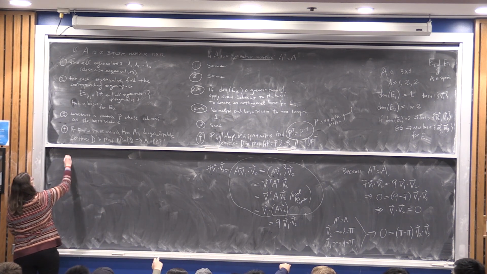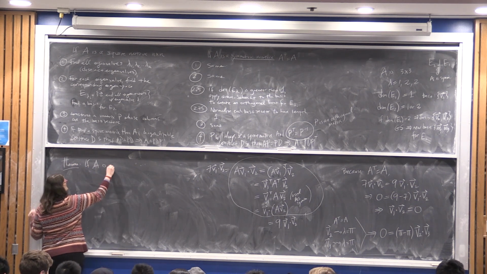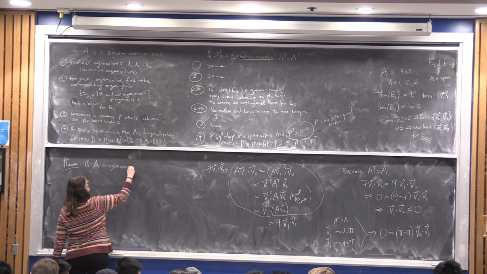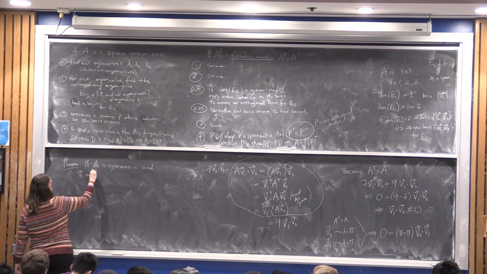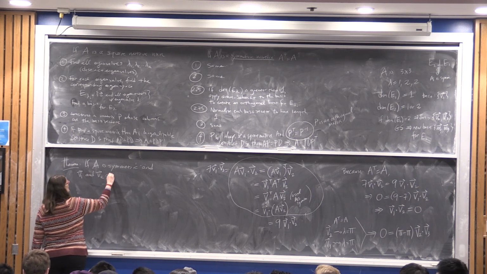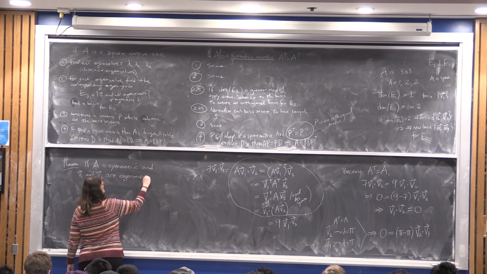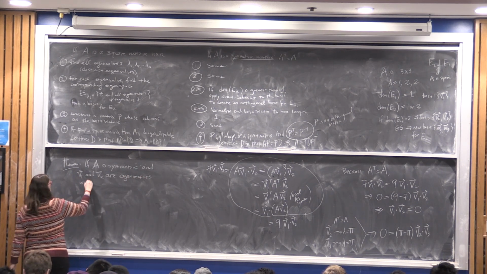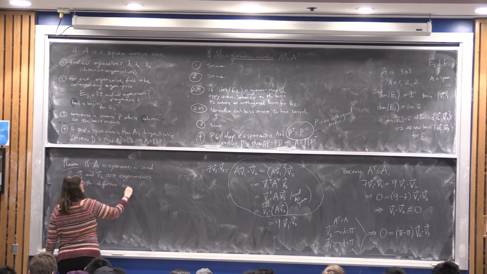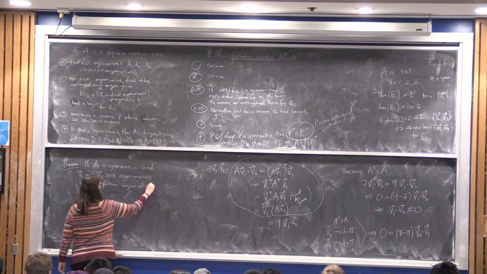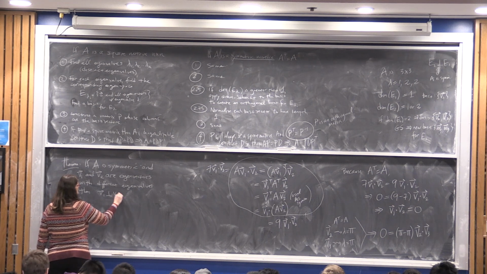So, theorem: if A is symmetric and V1 and V2 are eigenvectors with different eigenvalues, then V1 is orthogonal to V2.